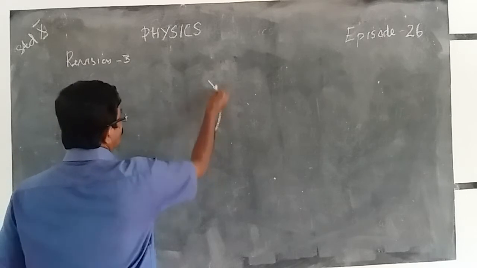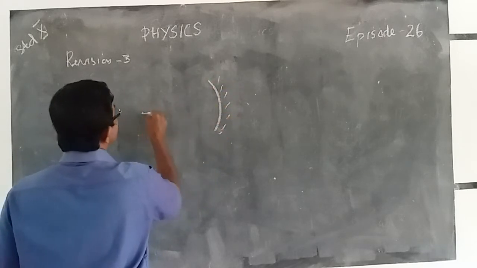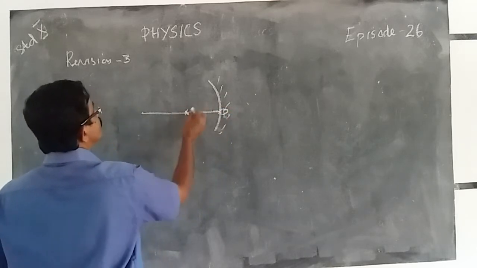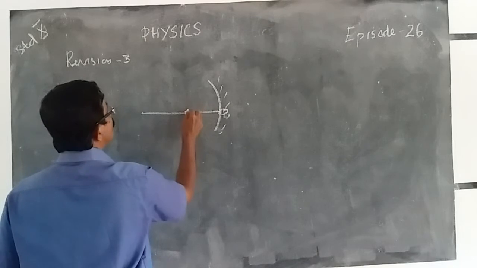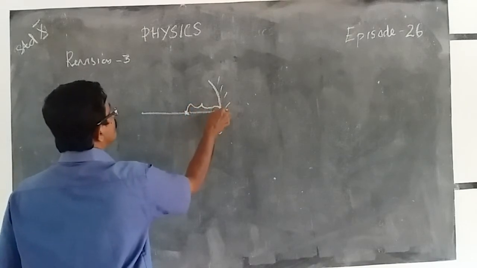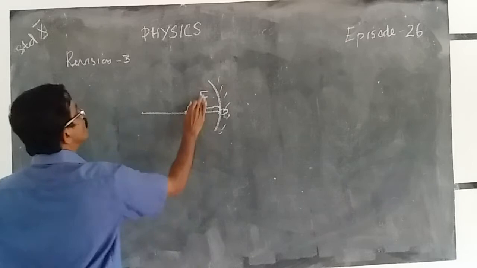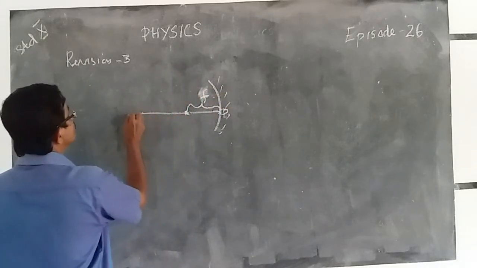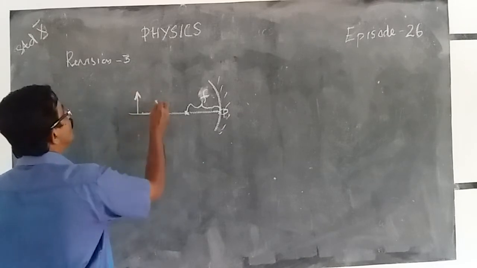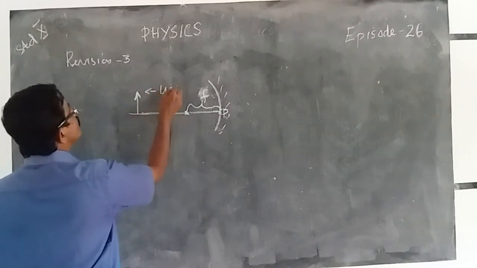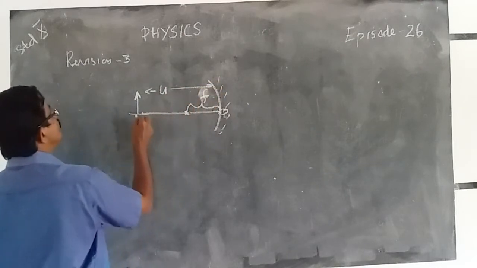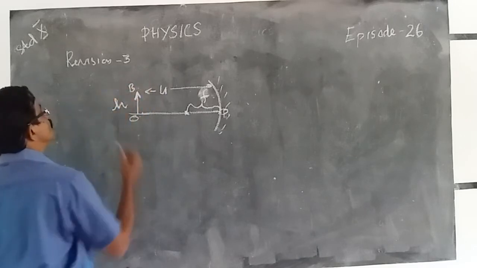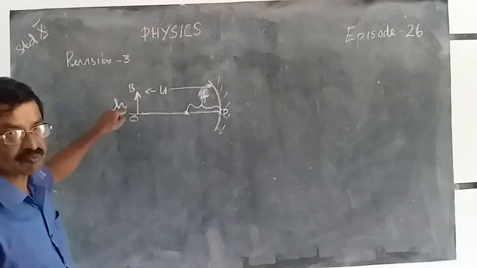This is a mirror, this is the pole, and suppose this is the focal length, we can use a small letter f. And here is an object, and this distance is the object distance u, and this OB or h is the height of the object.